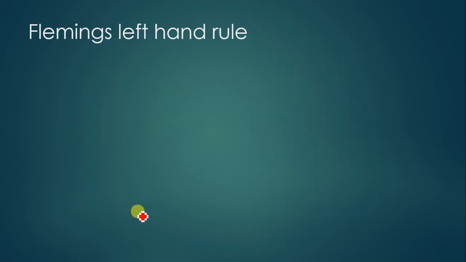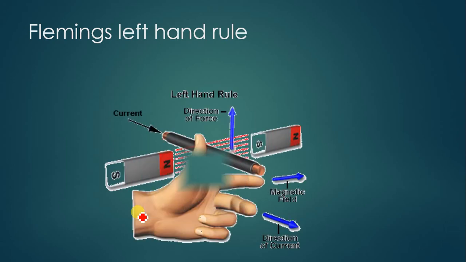Second one is Fleming's left hand rule. In Fleming's left hand rule, three fingers of your left hand, the index finger, the finger next to the index finger, and the thumb, are left open in the same fashion as shown in the figure.